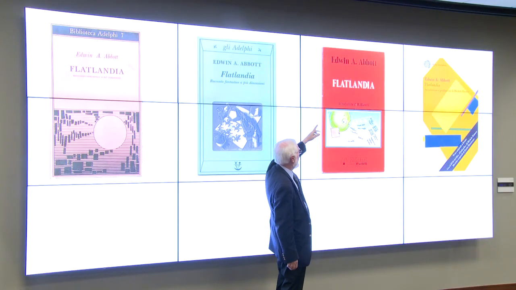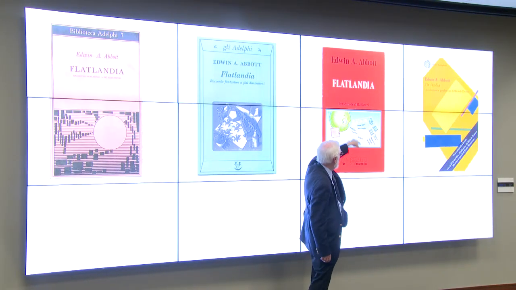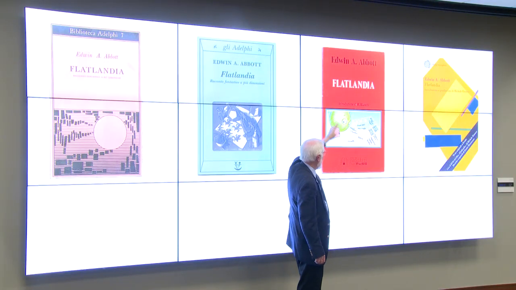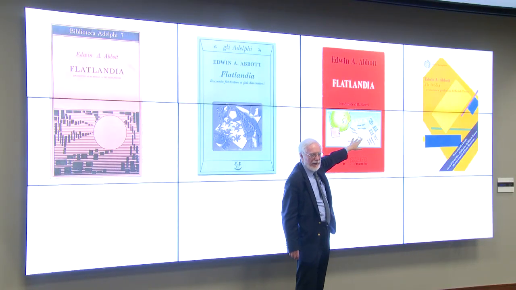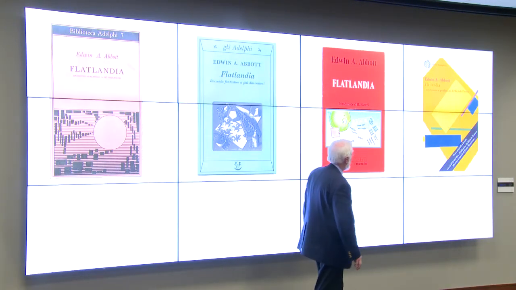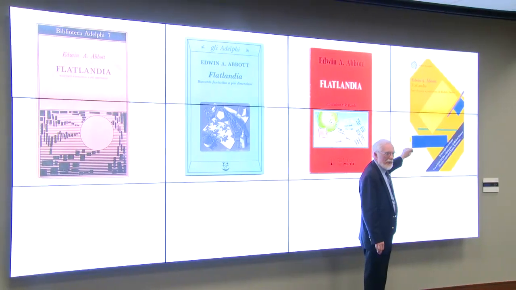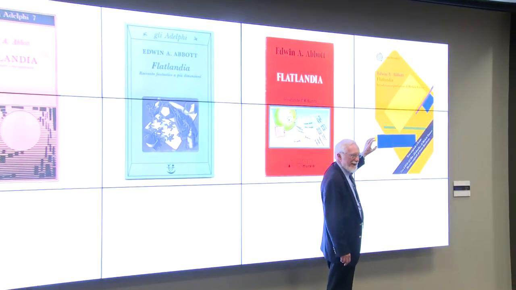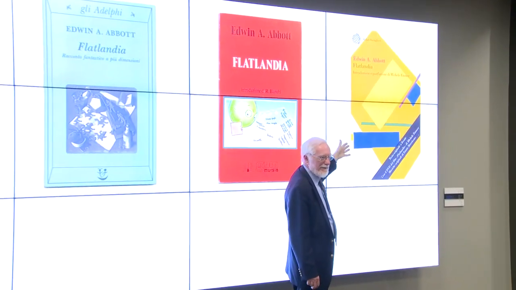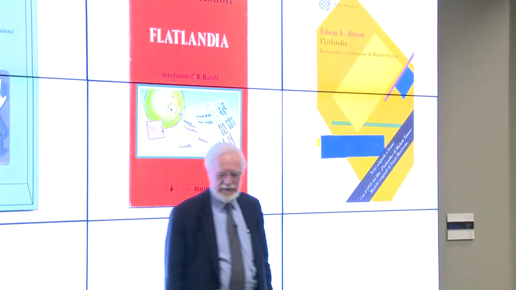And this one here, Introduzione de Arbianche, is nice because you see the entire house of a square, and the sphere instructing the square as to how we can see in these dimensions. The last one, with introduction by Michaela Emmer, is very important because this is the first one which included an electronic supplement, a DVD. Emmer made a film.